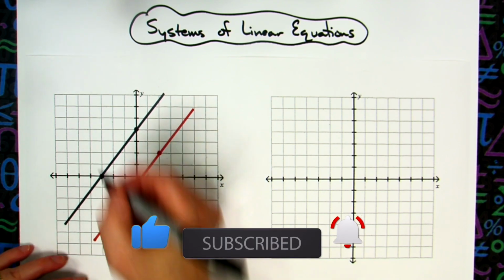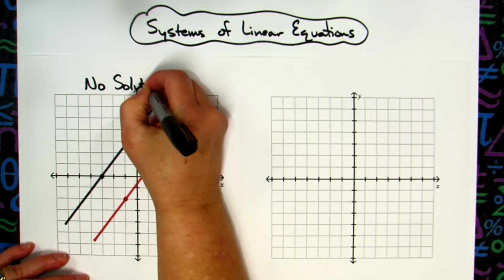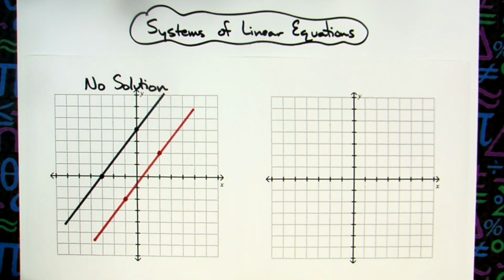So you literally have to write no solution down. If you get two lines and they turn out to be parallel, it is no solution. So this is special case number 1.